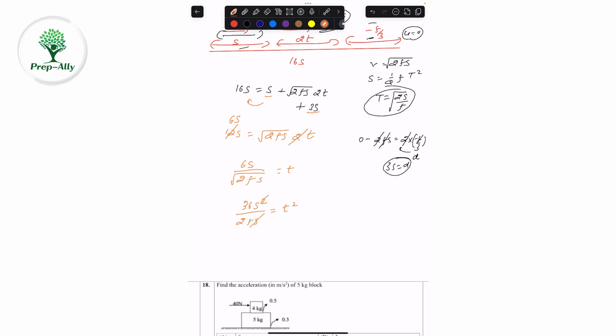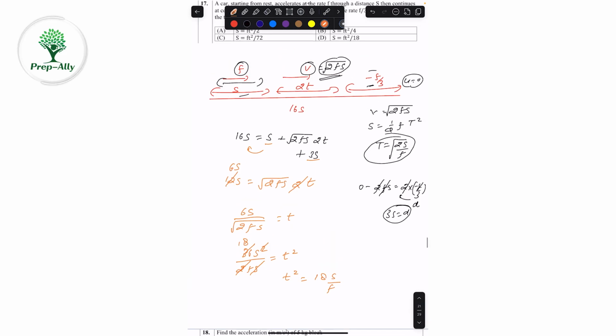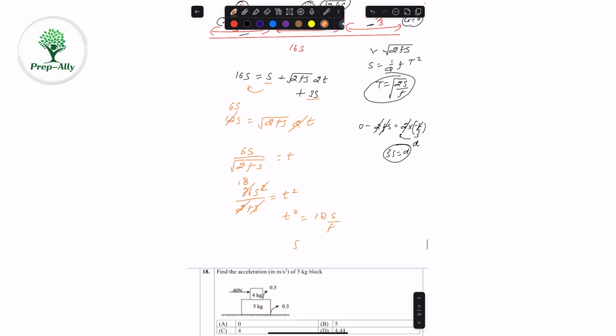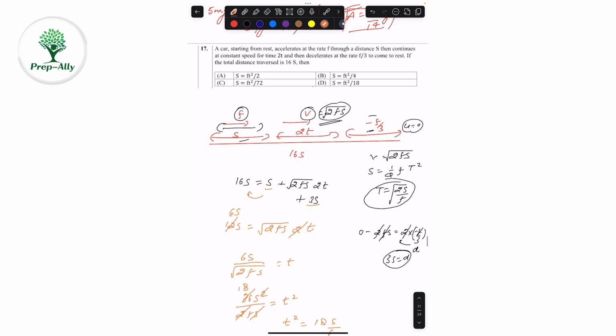From here s is gone, and 36 and 2 give 18, so t square is equal to 18s by f. We need the relation of s, so s is equal to ft square by 18. Ft square by 18 is available in option D, so D will be the answer, and this is how you can solve these types of questions.